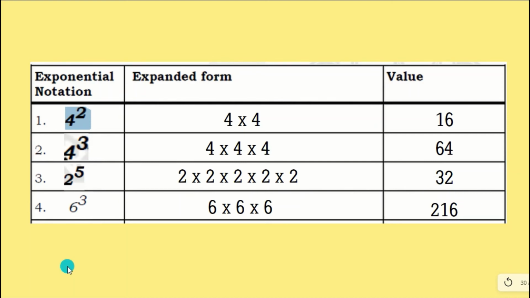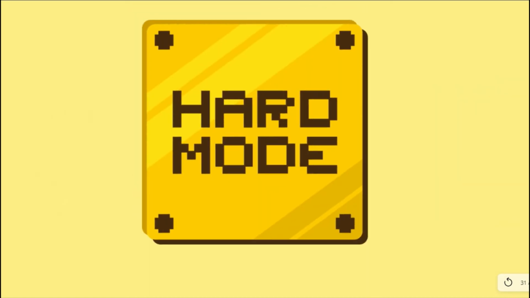And the last one is 6 raised to 3 equals 6 times 6 times 6, which equals 216. So I hope that you are getting what we are discussing right now. You can do this.